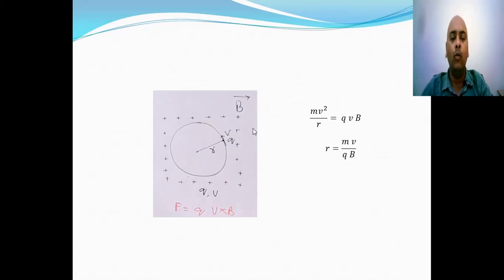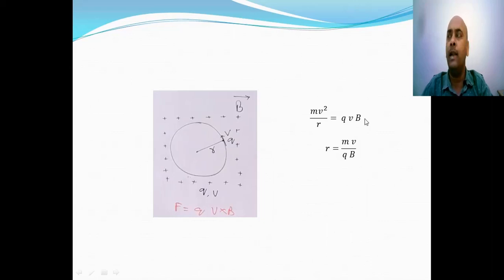In order to move in a circular path, any particle needs a centripetal force whose magnitude is given by mv square by r. And in this case, this centripetal force is provided by the force due to the magnetic field, which is equal to QVB sine theta.